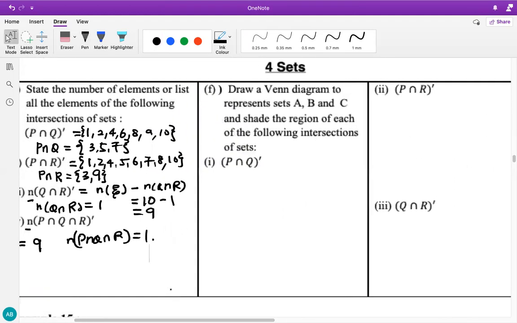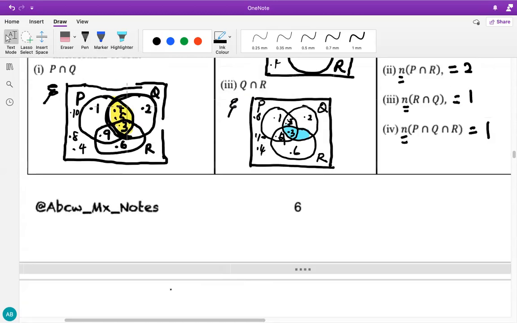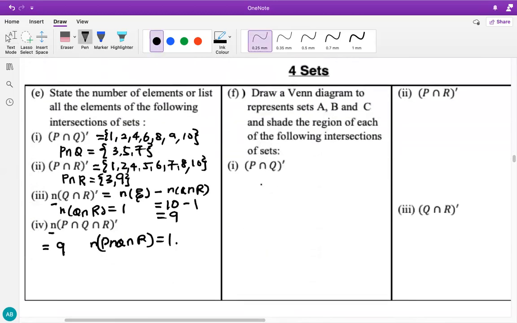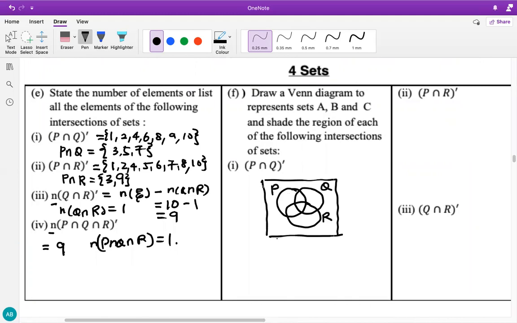So how to sketch it? Okay, so sketch. So P intersect Q prime. So okay, this is P intersect Q prime. So this is P, this is Q, this is R. Okay, so where is the area? P intersect Q is here.